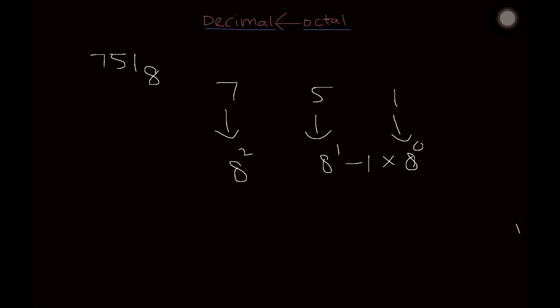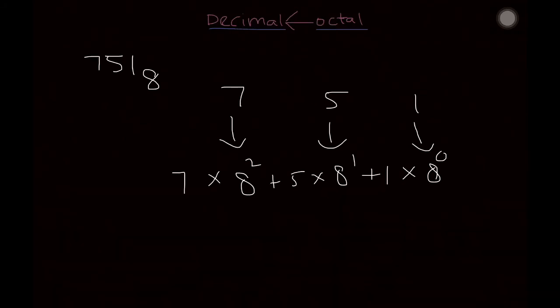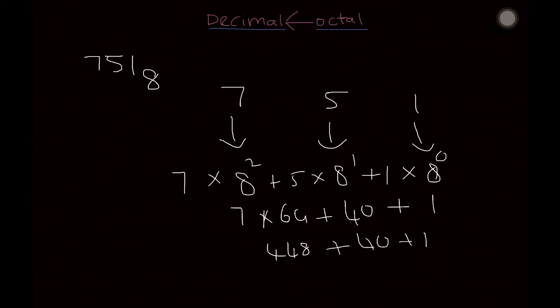Into 1 plus into 5 plus into 7. 1 plus 8 into 5, 40, plus 64 into 7, 448. 448 plus 40 plus 1. When we add up these numbers, we get 489 to the base 10. This is how to convert from octal to decimal.